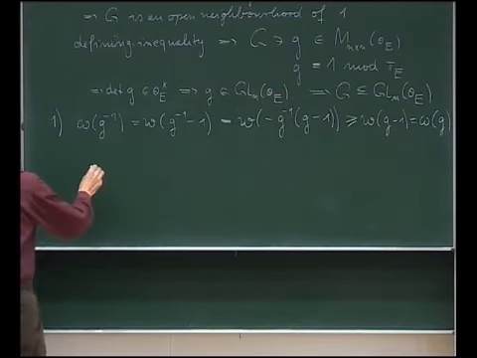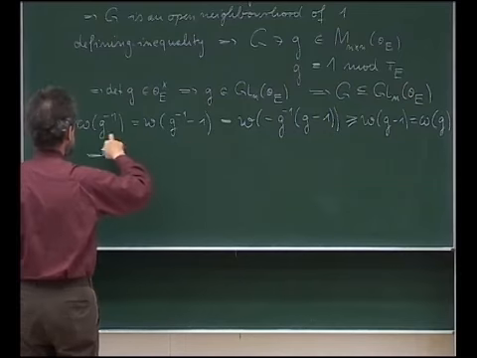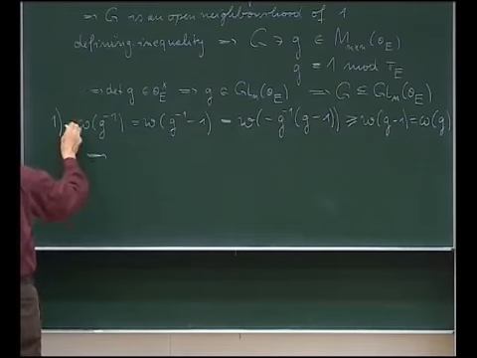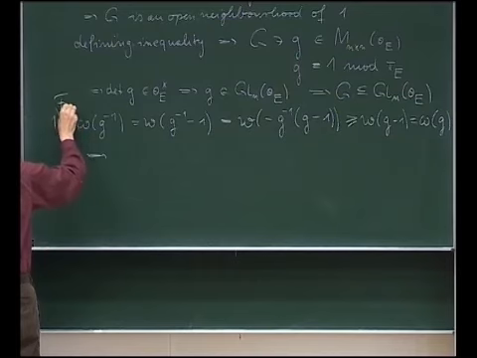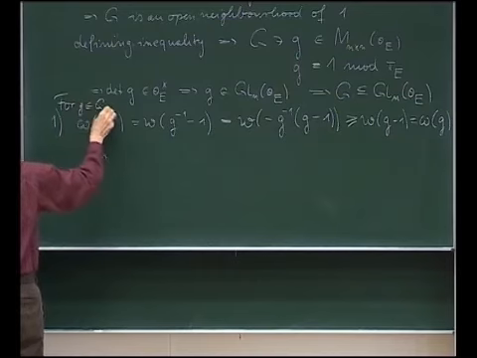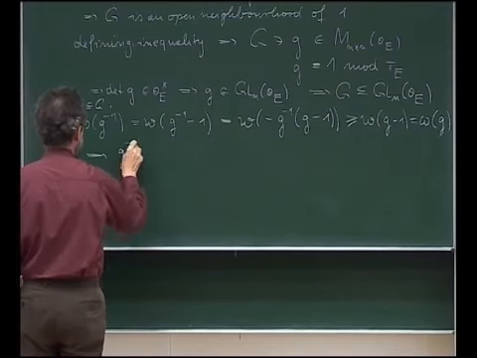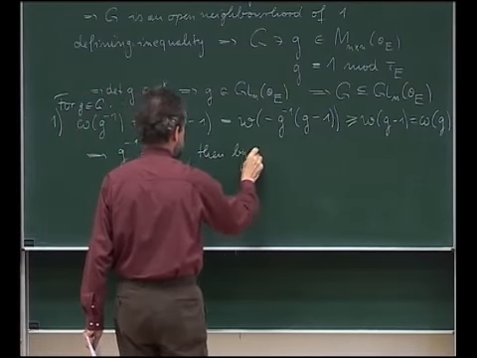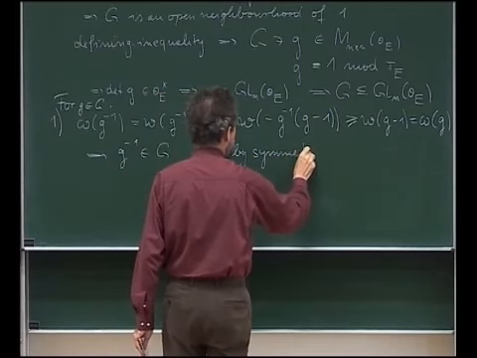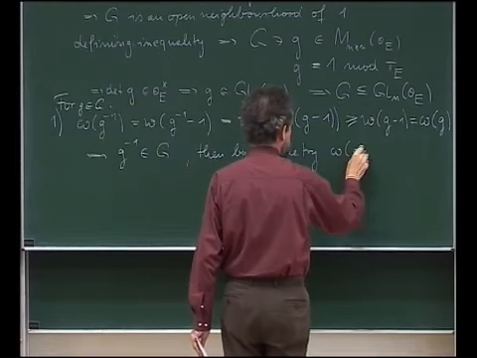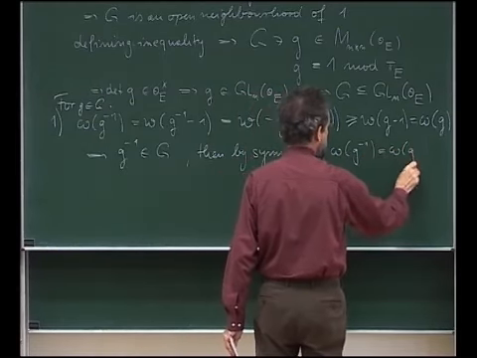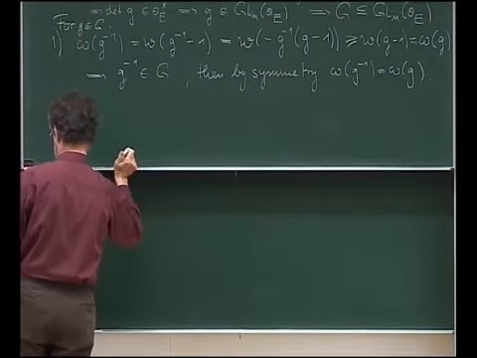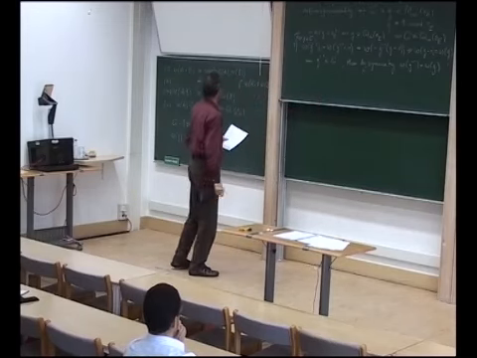So this is bigger or equal to W of g minus 1, which is omega of g. So this implies that with g, also g inverse is in G, for g in G. And then, by symmetry, omega of g inverse is omega of g.